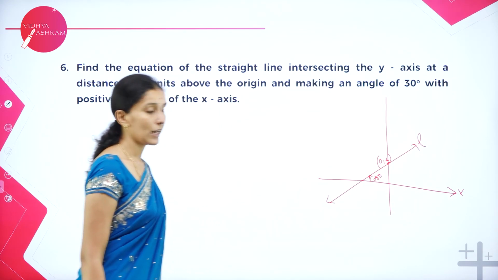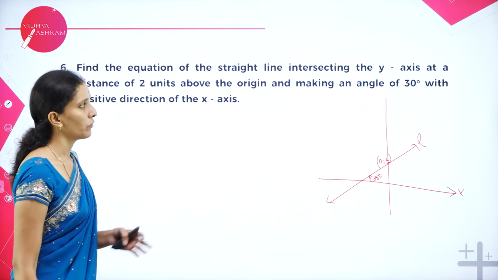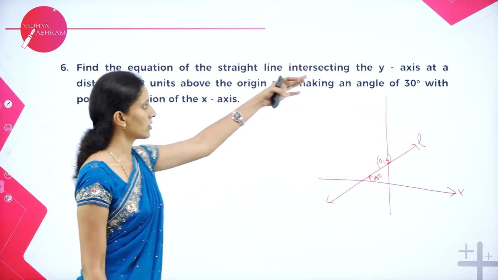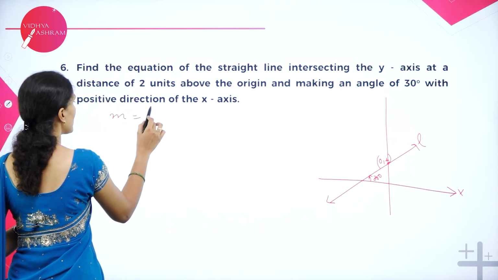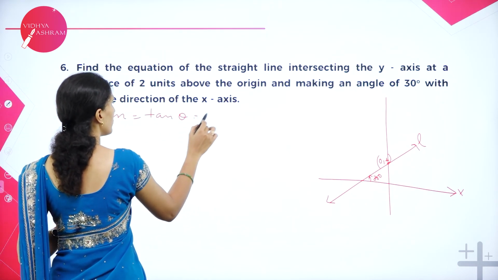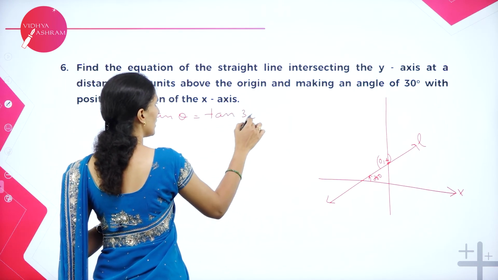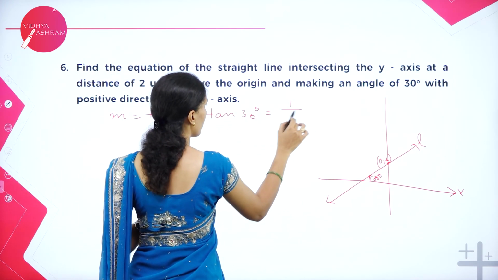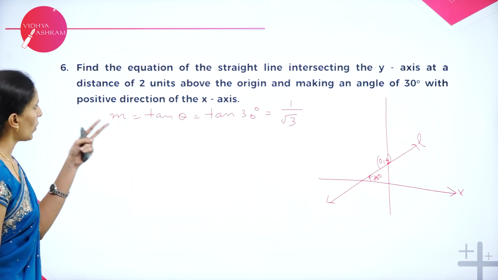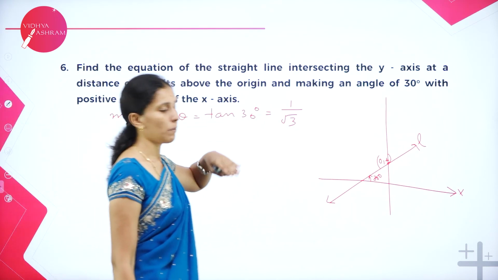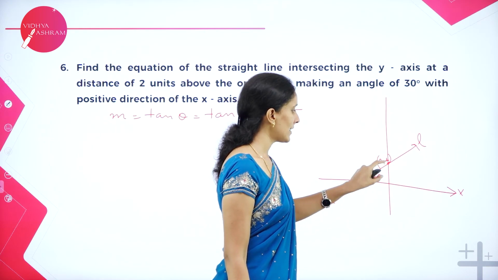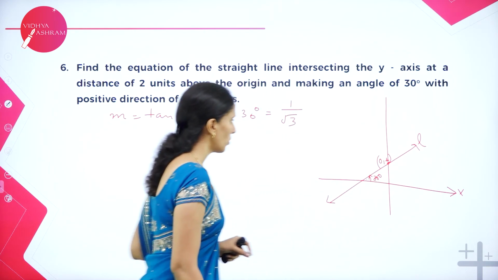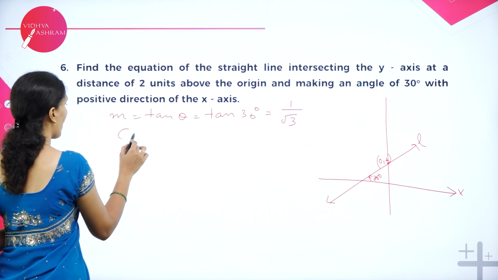Now we have to calculate the slope and write the expression, because the y-intercept is given. Since theta is given, m is equal to tan theta, which is nothing but tan 30 degree. The value of tan 30 degree is 1 by root 3. Next, the line cuts the y-axis at a distance of 2 units above the origin, so your c value is 2.